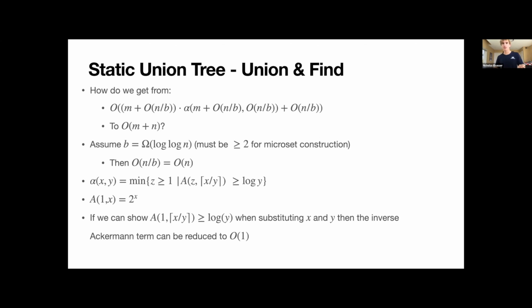So we take this definition for the inverse Ackermann function, and then we also take this special piece of the Ackermann function where if the first parameter is 1, then it can be expressed as 2 to the power of the second parameter. And so what we'll show is that in this inverse Ackermann function, if z is always equal to 1, independent of m or n, then this inverse Ackermann function part becomes O of 1.